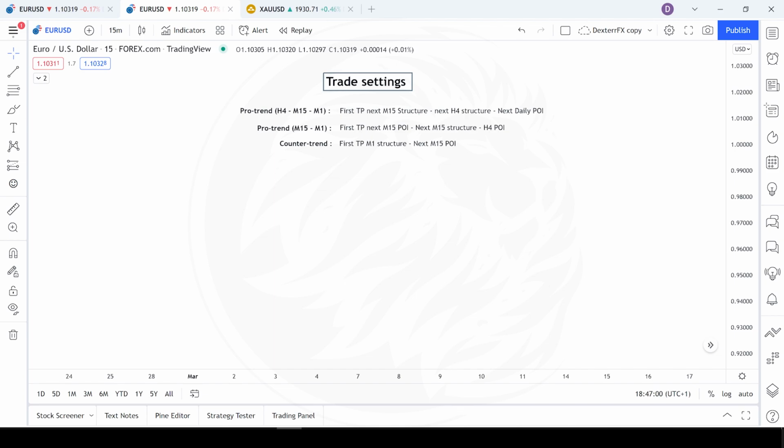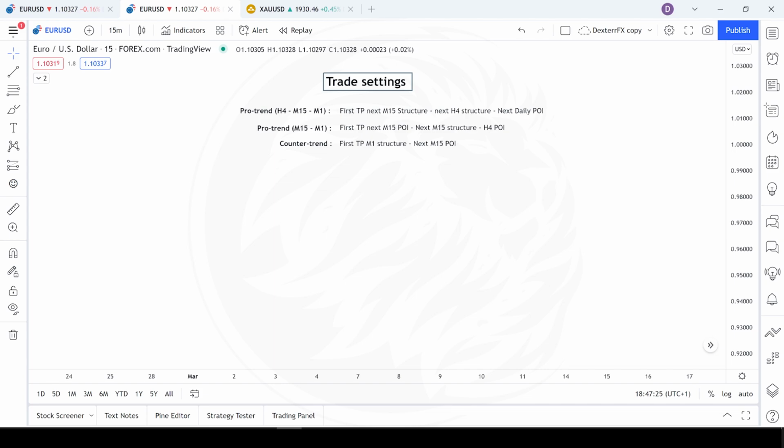So I will start with my first one. The first one is when we are in pro trend with all the time frames aligned, so the H4, the M15 and the M1. Here I note a first TP, but you are not necessarily able to take partials on your trade. You can just have one TP, which is the first one, or the second one, or the third.